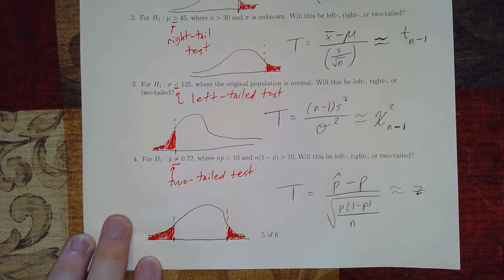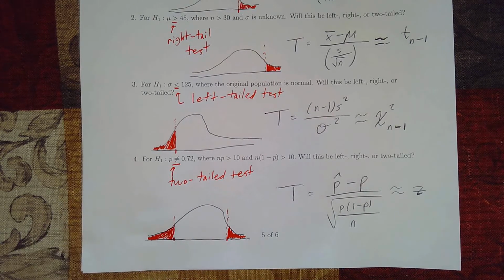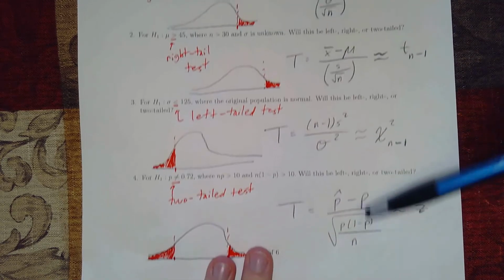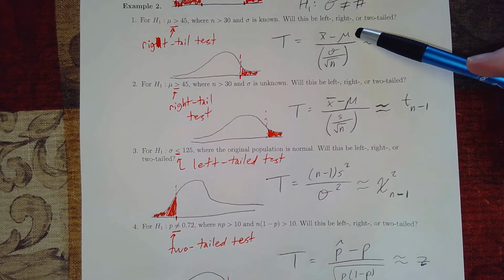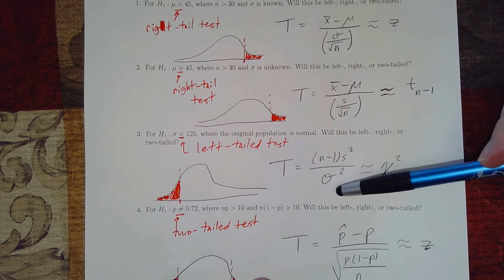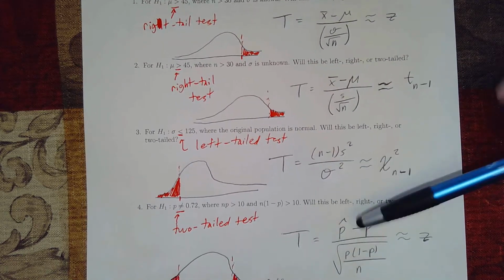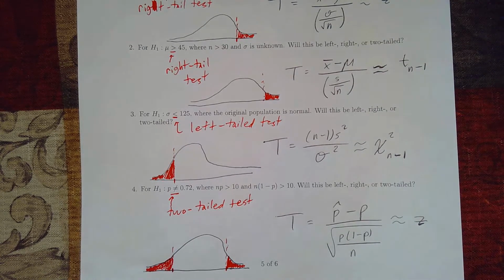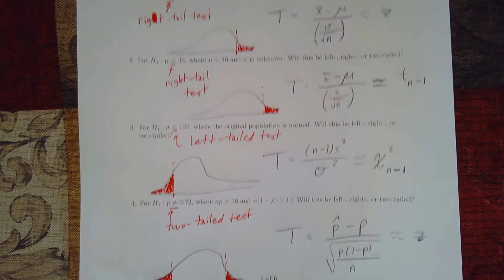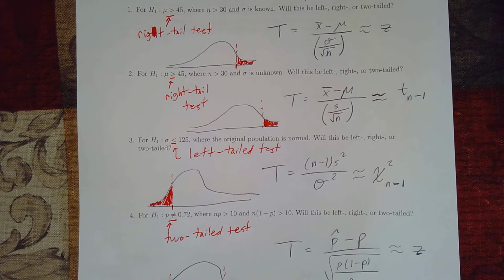which is a z-score. Now I want to point out something that I may have glossed over throughout all of these. When we're looking at all of these different test statistics, when we say that we're looking at mu, or the population standard deviation, or the population proportion in each of these, we're going to be using the value that we're assuming for our null hypothesis.